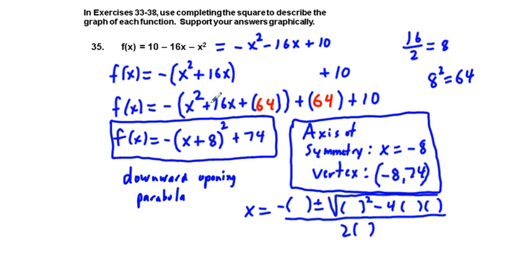So we just fill in what we have here. a is equal to negative 1, b is equal to negative 16, and c is equal to 10. We have negative negative 16, so positive 16, plus or minus the square root of negative 16 squared, minus 4ac, where a is negative 1 and c is 10, over negative 1.